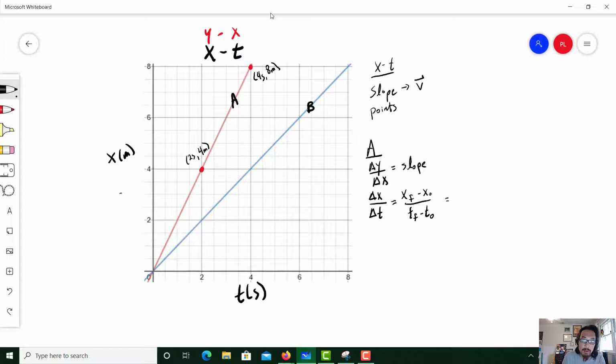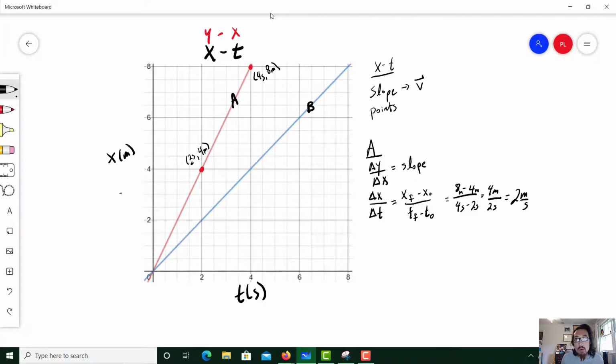So the final position is 8 meters, minus your initial position, which is 4 meters, over your final time, which was 4 seconds, minus your initial time, which was 2 seconds. I'm going to add my units up there. So when I do this, I get 4 meters over 2 seconds. All right, and this gives us a total of 2 meters per second. All right, so object A had a velocity of 2 meters per second.